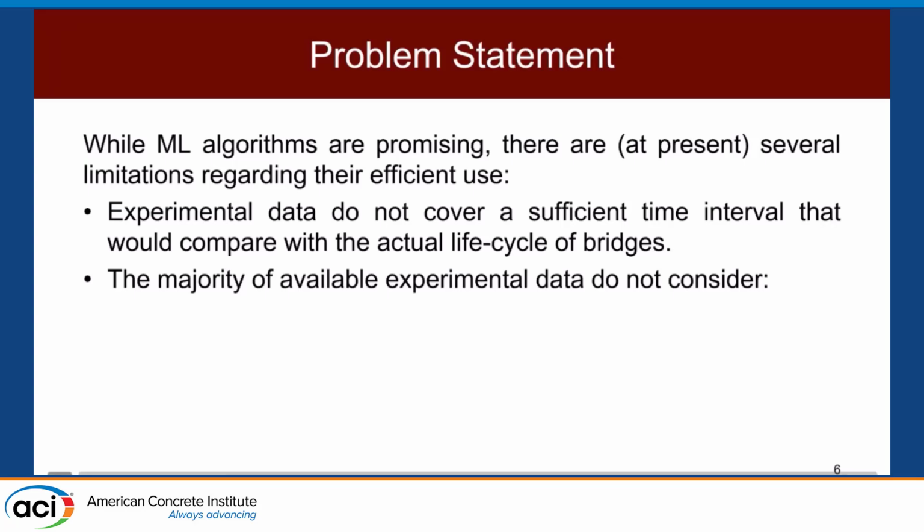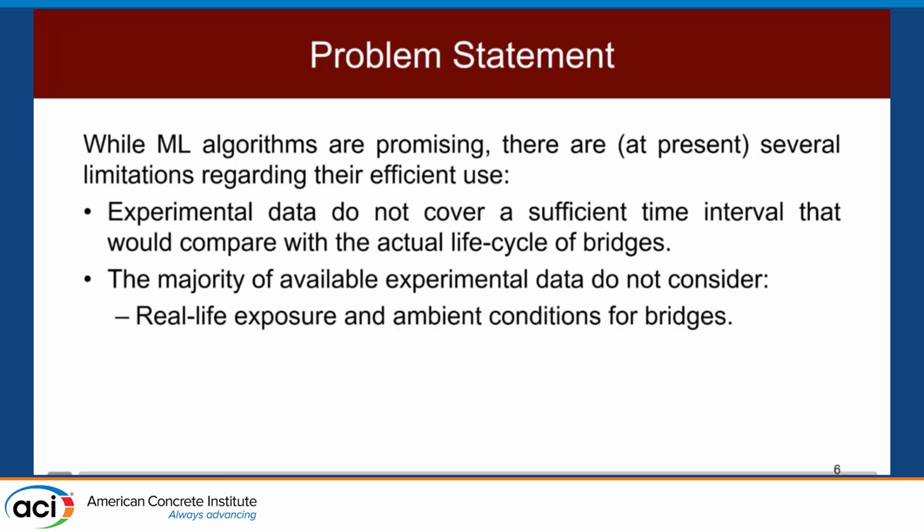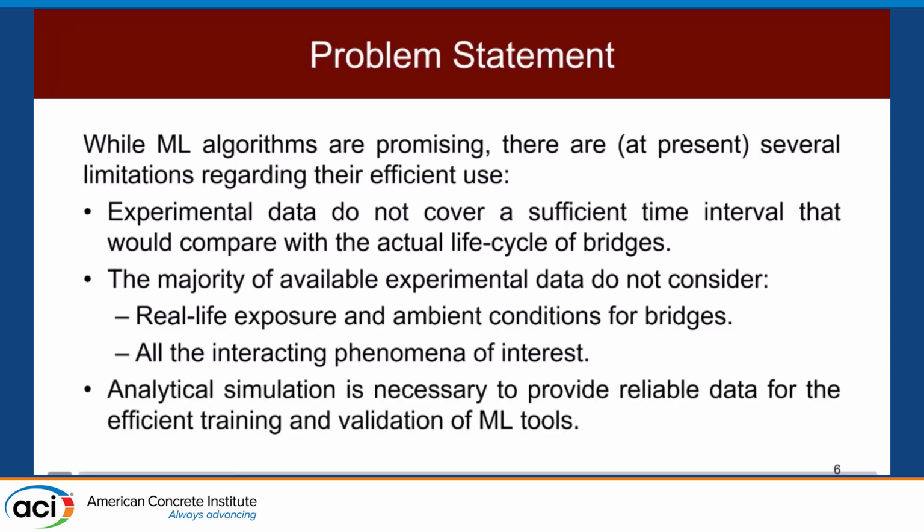Also, the available experimental data do not consider the real-life exposure and ambient environment conditions for actual bridges, and also all the interactive phenomena of interest. Which of course means that analytical simulation is probably necessary to allow us to obtain reliable data for the efficient training and validation of machine learning tools.